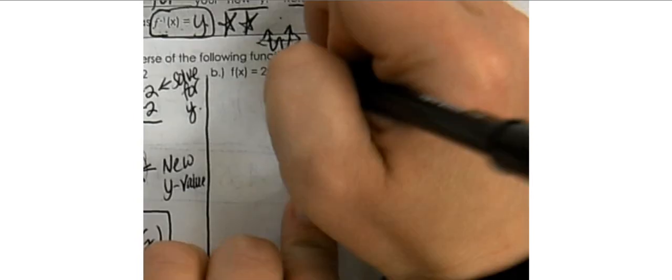Because the horizontal line test would go through multiple points, that would indicate that the function as written would not have an inverse. So in order for us to actually talk about it having an inverse, what we need to do is limit it. So x is greater than or equal to 0 means that I'm only talking about the positive side of the graph.